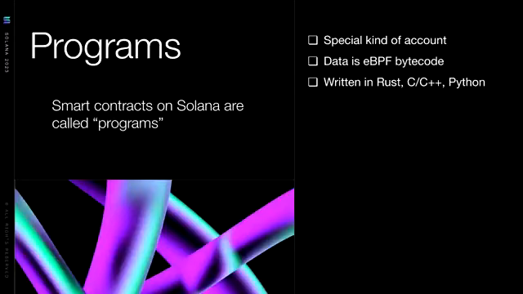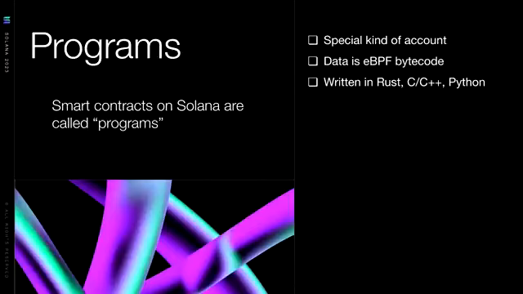And specifically for Solana programs, they're basically a special type of account. Like I mentioned before, they have that executable flag set to true, which lets the Solana runtime know that it is actually a program. The data that's stored within that specific account is eBPF bytecode, which is the Berkeley Packet Filter bytecode. Programs are typically written in Rust, whether it's native or one of the Solana Rust frameworks that are out there.